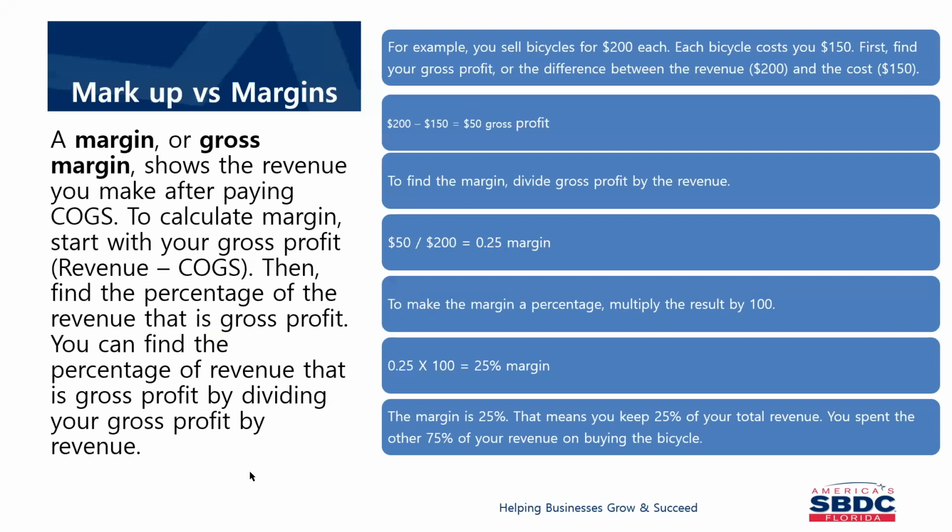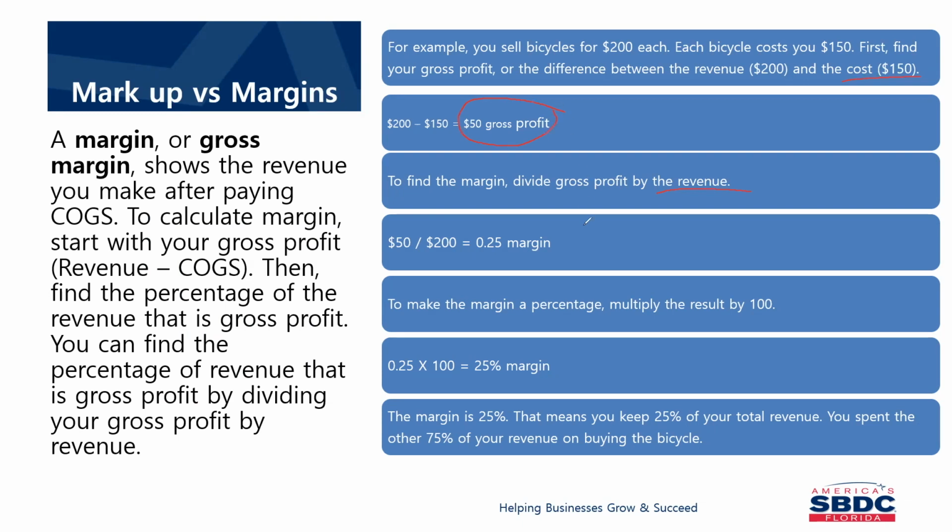As long as we understand that the difference between markup and margin is that one you divide by the revenue, and the other one you divide by the cost of goods sold. That's the only difference. The gross profit is still the same, $50.